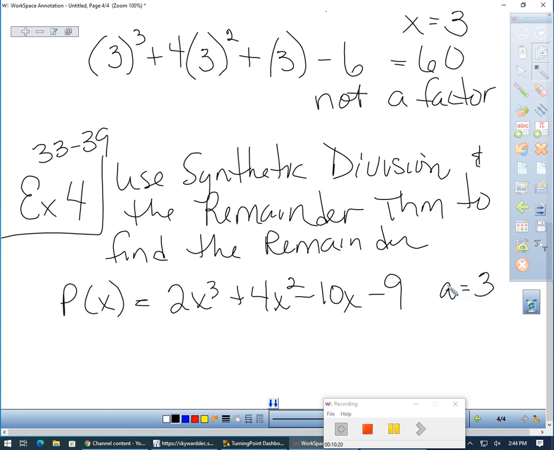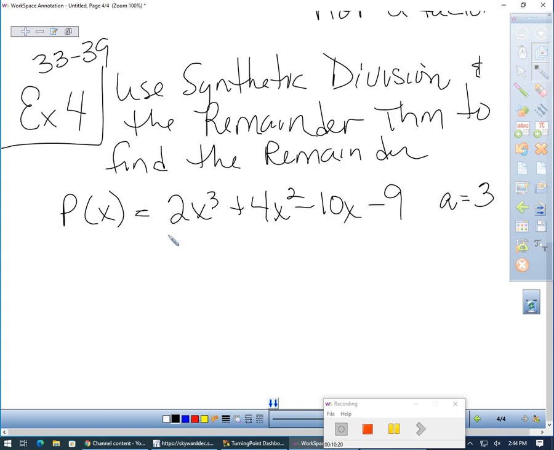So they're already going to tell you what your 0 is. You can either use synthetic division, or you can do it by the remainder theorem where you just plug it in. If we start by just plugging in 3, 2 times 3 to the third plus 4 times 3 squared minus 10 times 3 minus 9.